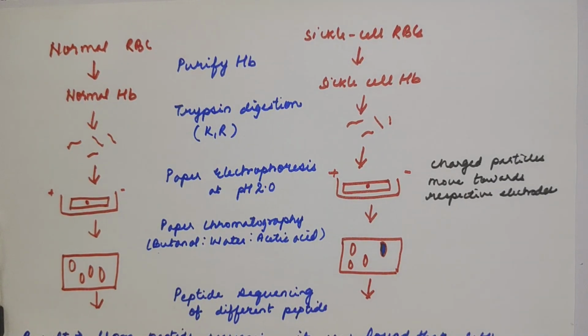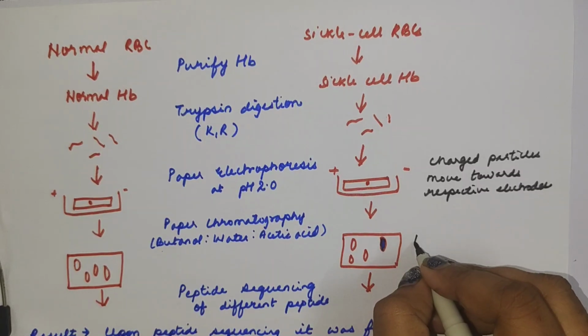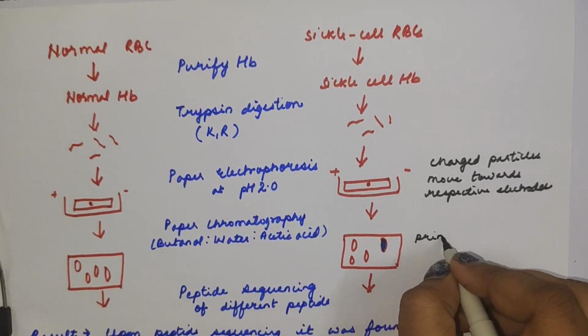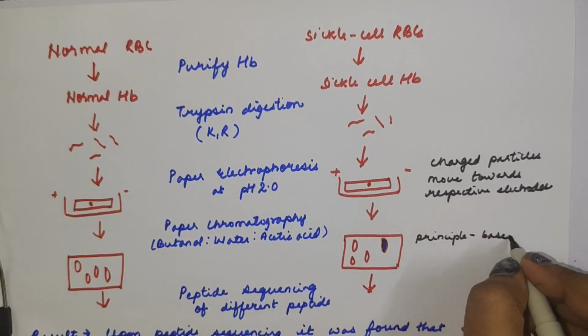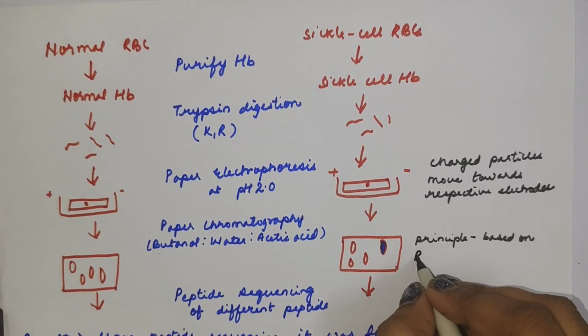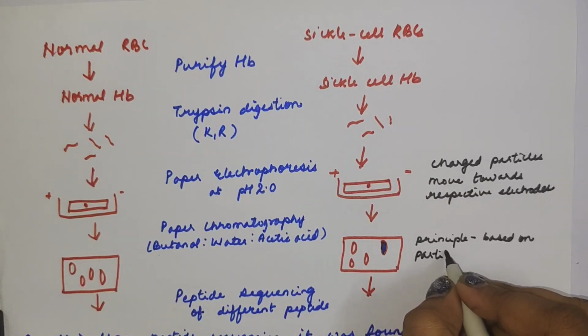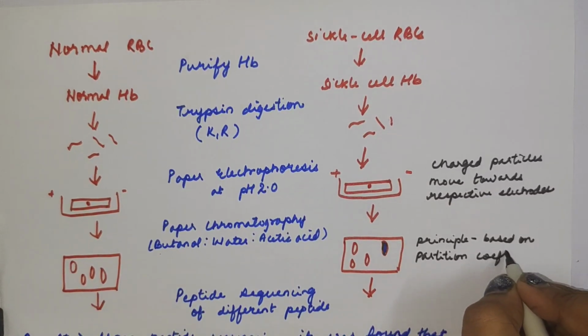Now, after the paper chromatography is done, the peptides will be visualized by using ninhydrin, and the peptides will occur as yellow spots.